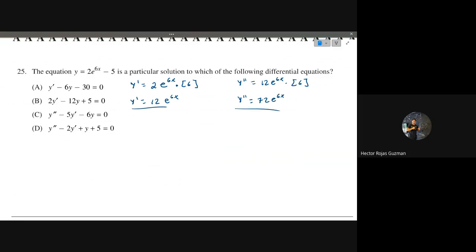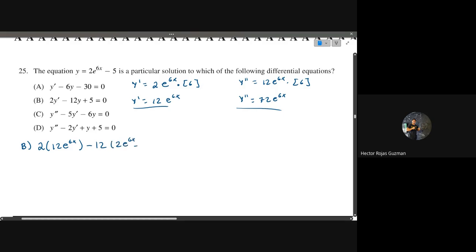So now it's just a matter of picking one of the equations and making sure that it equals 0. You know what? I'm going to go ahead and check B. Somehow B is calling my name, so let's see. 2 times the derivative minus 12 times y, which is 2e to the 6x minus 5, should equal 0.